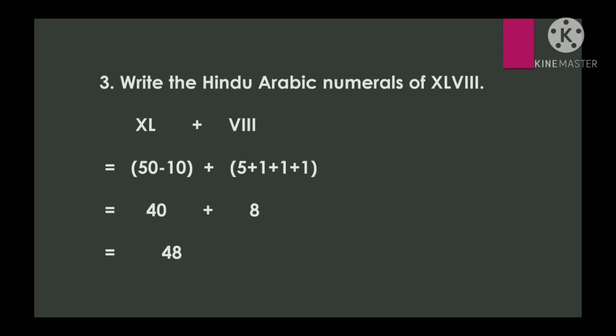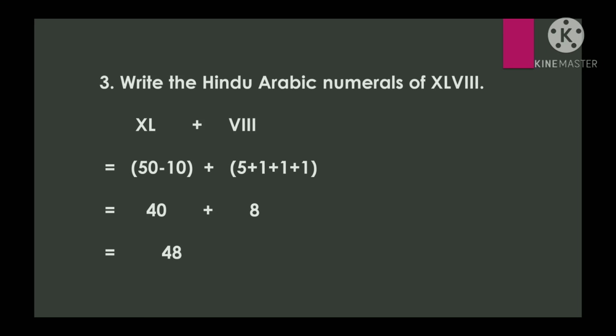So here you can see X is written on the left side of L, so it is 50 minus 10, and for VII we can write 5 plus 1 plus 1 plus 1. Now after solving we get 50 minus 10 is equal to 40 and 5 plus 1 plus 1 plus 1 is equal to 8. So finally the Hindu-Arabic numeral for XLVII is equal to 48.